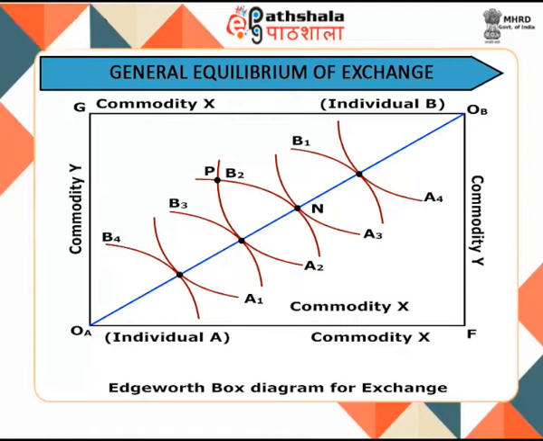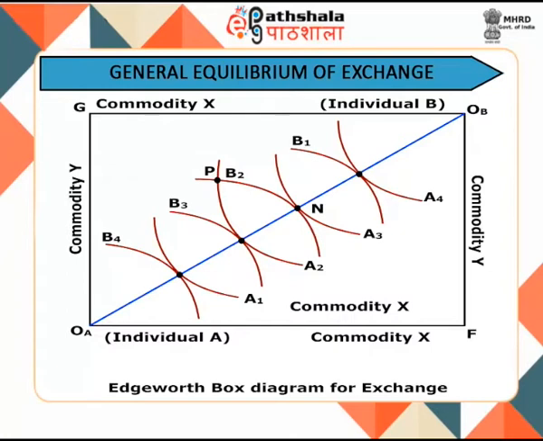Any movement along the contract curve is a gain of utility to one individual and a loss to the other. The contract curve itself does not depend on the initial endowment. The contract curve describes all the possible efficient outcomes of mutually advantageous trade or exchange starting from anywhere in the Edgeworth box.